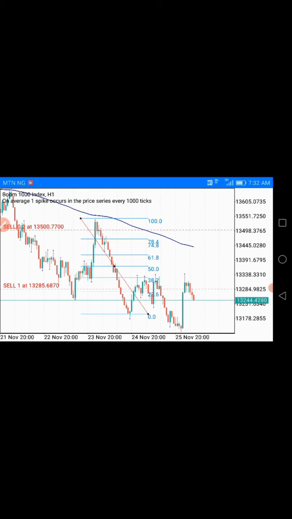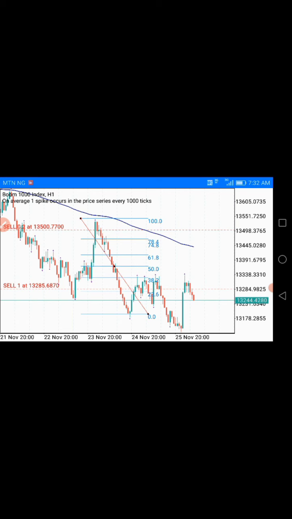you want to pick your Fibonacci and place it from the top for boom or selling cycle. For boom or selling cycle, the 100% level should be at the high point, while the 0% level should be on the low point.